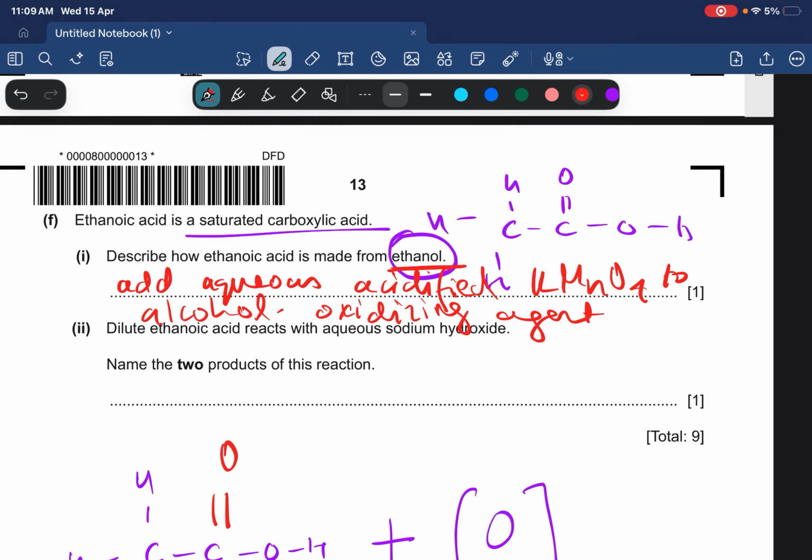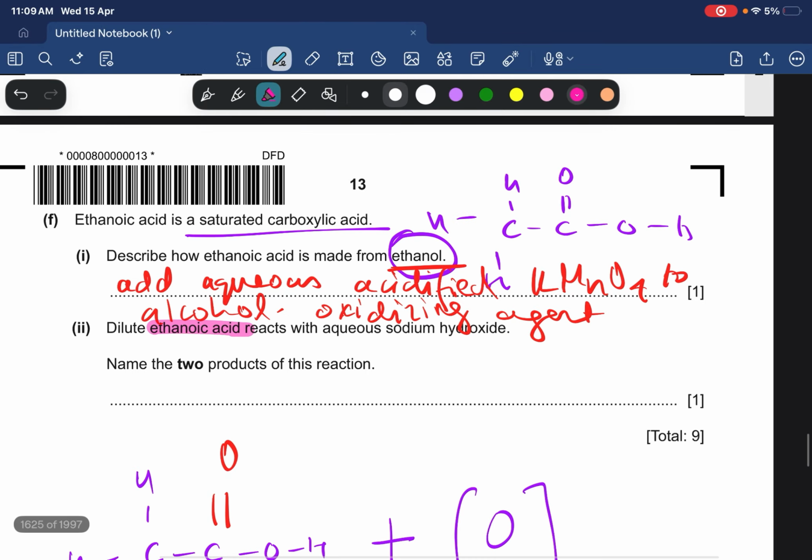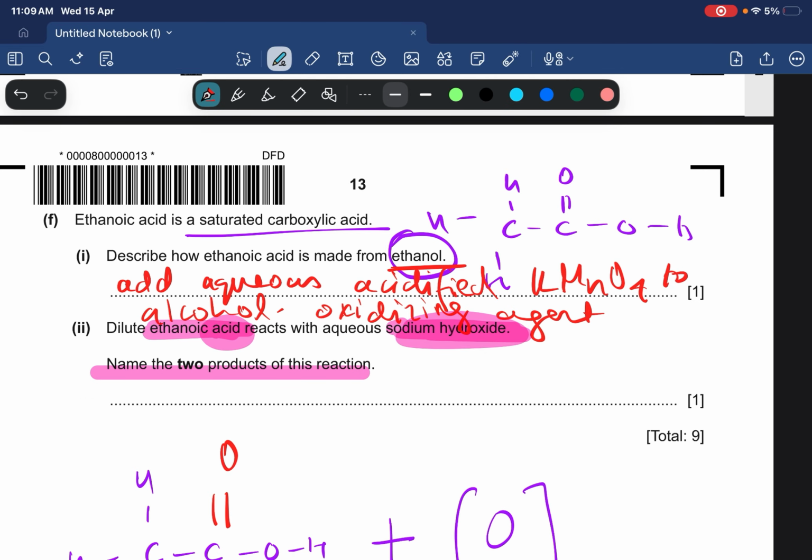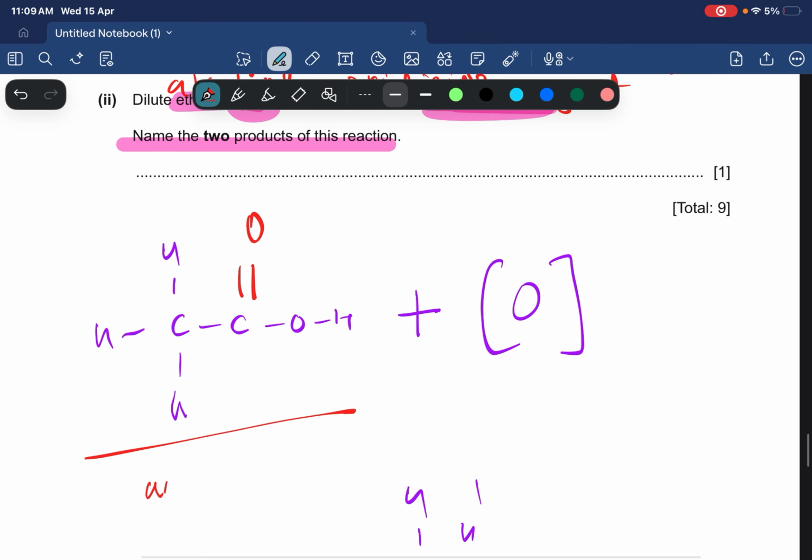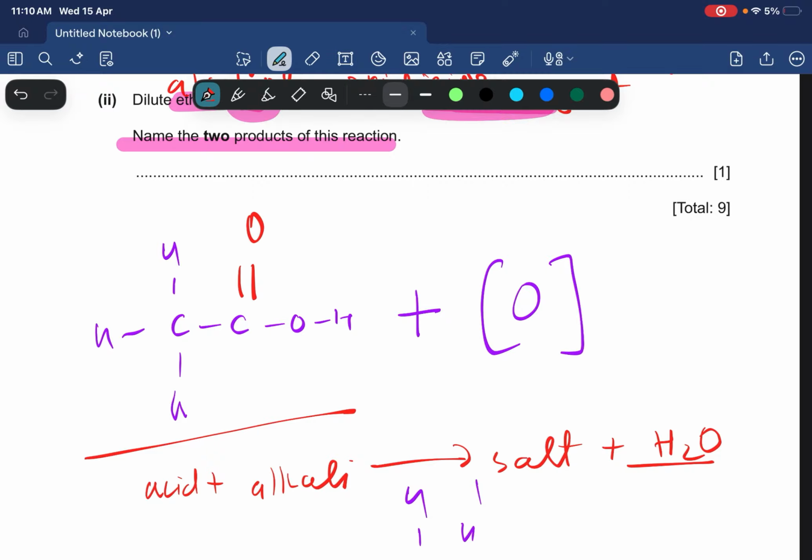Dilute ethanoic acid reacts with sodium hydroxide. You have an acid and you have a hydroxide. Name the two products. Acid plus alkali. What are the products? Acid plus alkali gives you salt and water. Water is what we know. But what's going to be the name of the salt we're going to form?